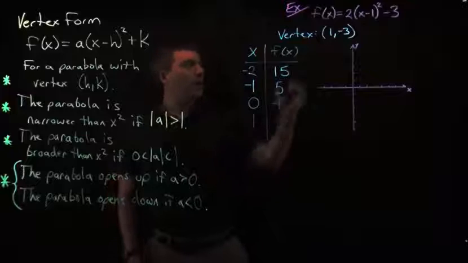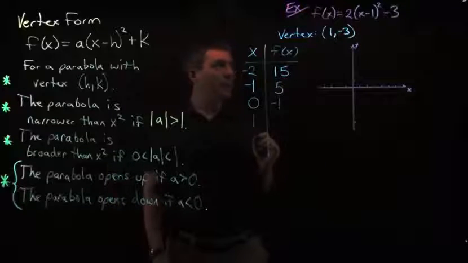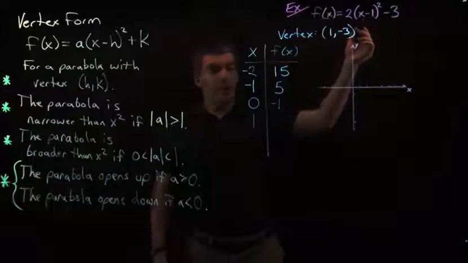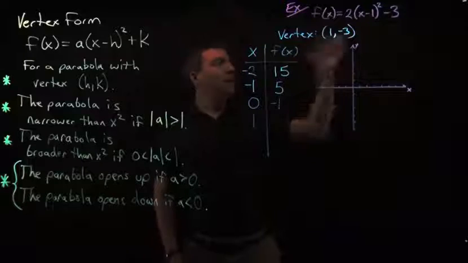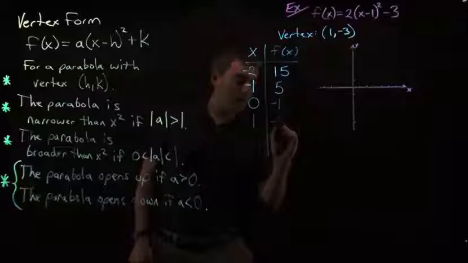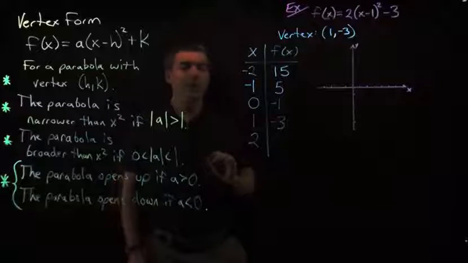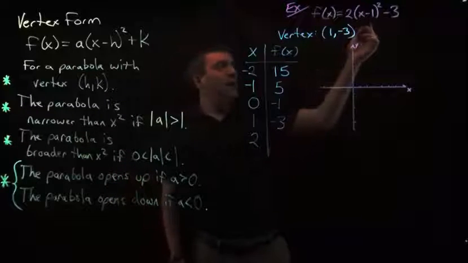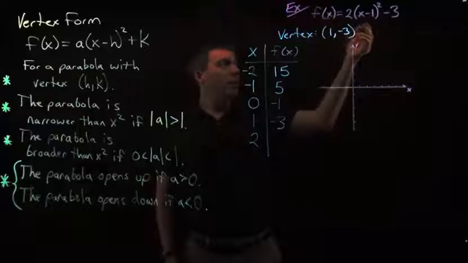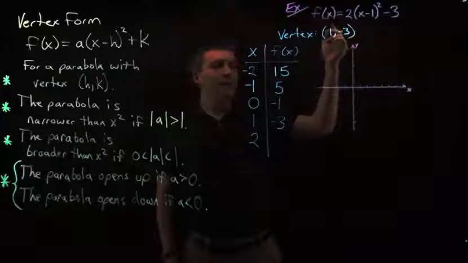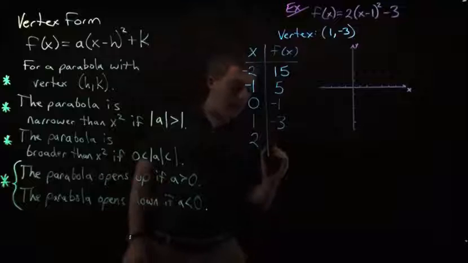Move on to 1. 1 minus 1 is 0. 0 squared is 0. 0 times 2 is 0. So negative 3. Let's look at 2. 2 minus 1 is 1. 1 squared is 1. Times 2 is 2. 2 minus 3 is negative 1.